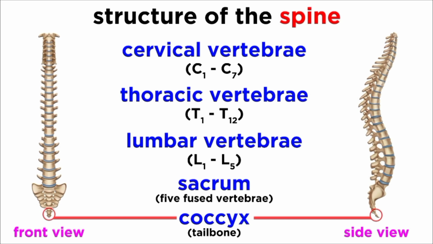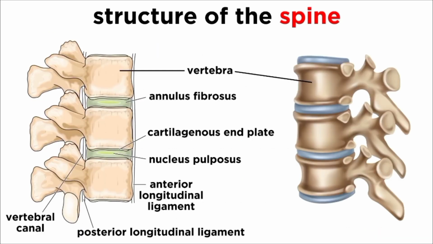Of course, there is much more to the spine than just the vertebrae. There are lots of ligaments keeping everything together. The main ones are the anterior and posterior longitudinal ligaments, running down the front and back of the column from the neck to the sacrum.